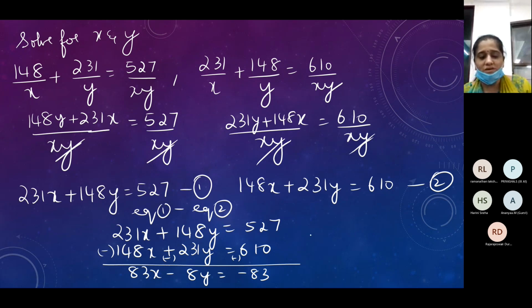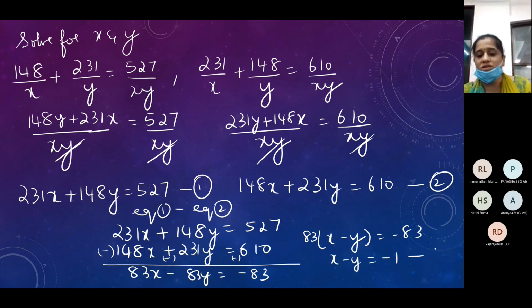So here 83 is common. 83 common, x minus y, 83 is equal to minus 83. So x minus y is equal to minus 1 is the fourth equation. Correct? x minus y is equal to minus 1. Now solve these two equations to find the values of x and y.